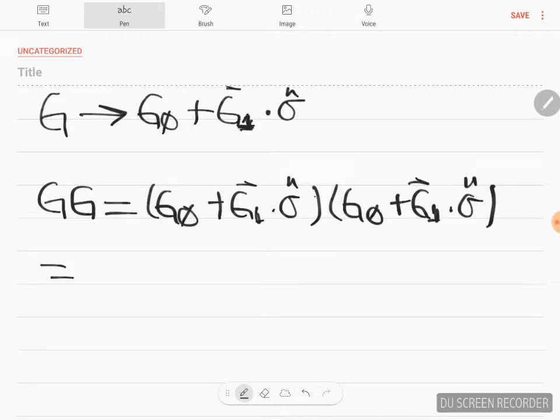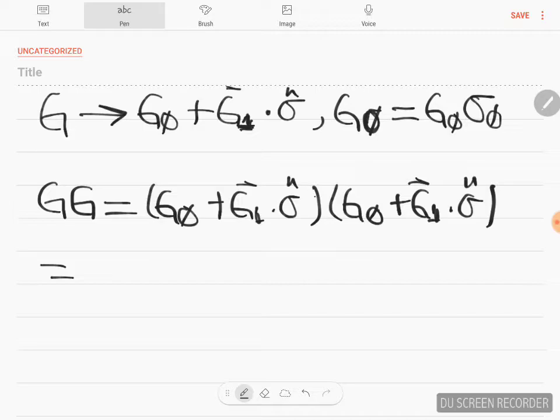Just as Paul mentioned before, G0 and G1 have to be matrices of at least the same dimensions as sigma. So then G0 is actually G0 times sigma 0, which is a diagonal matrix.